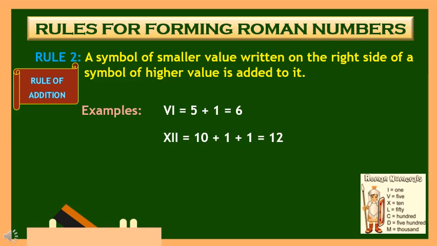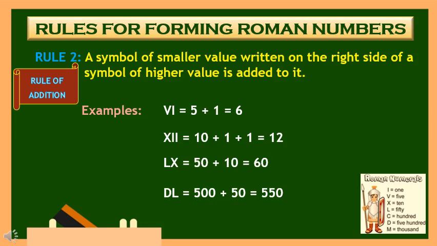Next, XII. X is 10, I is 1 and I is 1. So we add all these numbers, that gives you 12. LX. L is 50, X is 10. 50 plus 10 gives you 60. DL. D is 500, L is 50.